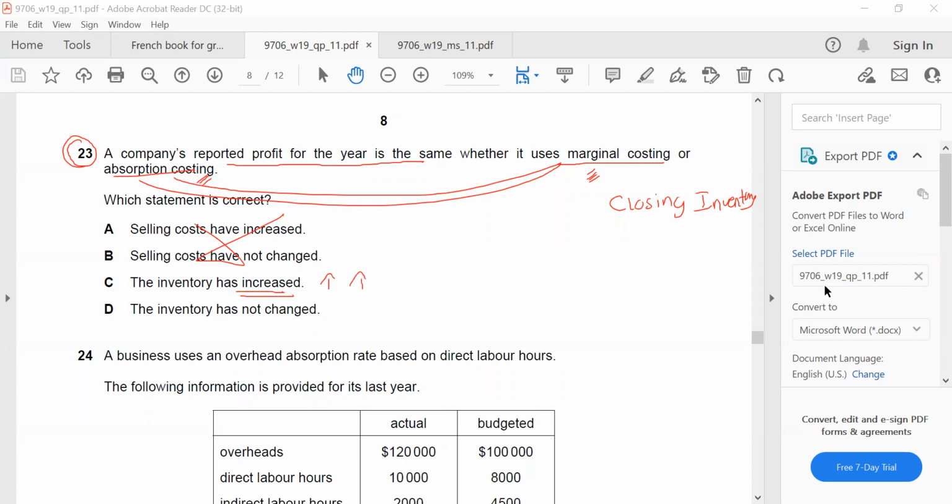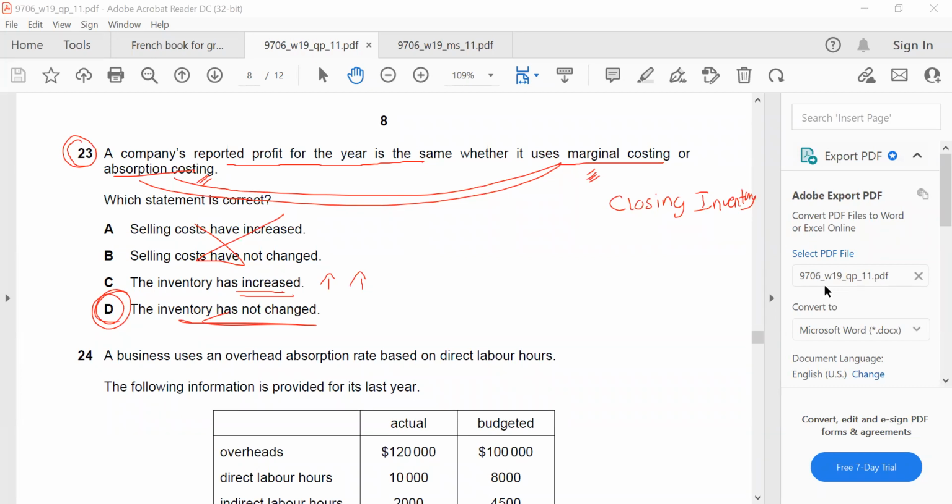There will be a difference in the profit, but the profit that is reported is the same. That means there is no difference in the profit, which means the inventory has not changed. Inventory has remained the same. That is why there is no difference in profits.